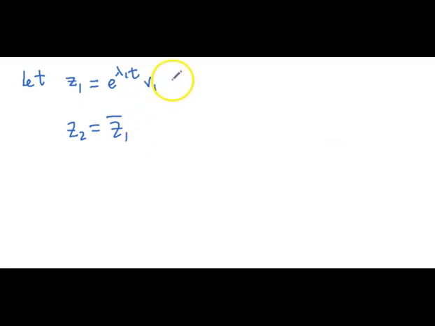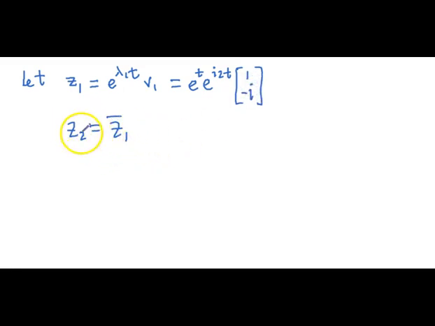Here we'll see that this becomes e^t times e^(I 2t) times v1, which is a vector with entries 1 and minus I.